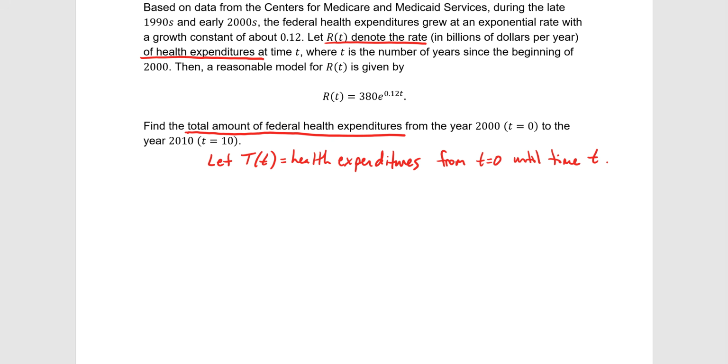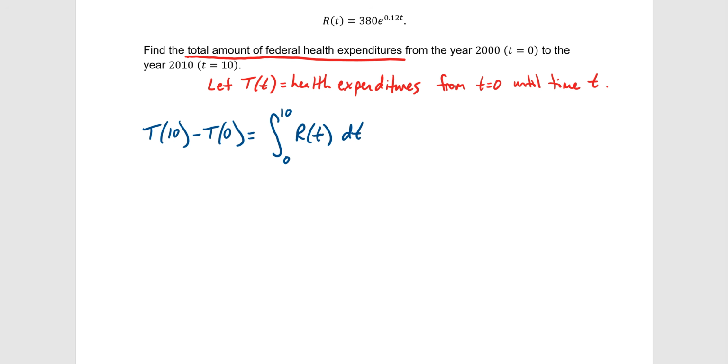So we are looking for T of 10 minus T of 0, because we're going from 0 to 10. Essentially the same thing that we just did. And we need to integrate this from 0 to 10. And we need to integrate its derivative. Its derivative is the rate, r of t. So let's go ahead and actually plug in our numbers here. That's going to be the integral from 0 to 10 of 380 e to the 0.12t.